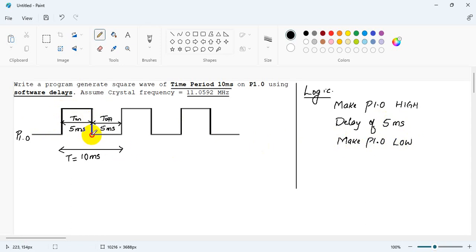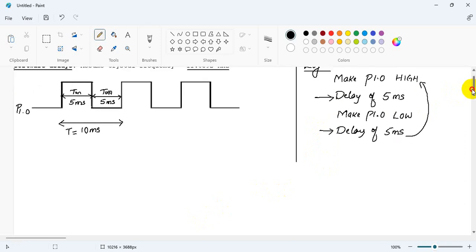And now it has to remain low for how many milliseconds again? Again 5 milliseconds. So again call a delay of 5 milliseconds. And after this, the process repeats. Now the main thing is to design a delay of 5 milliseconds using software instructions.